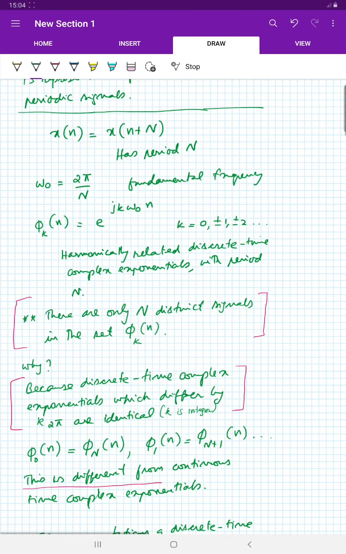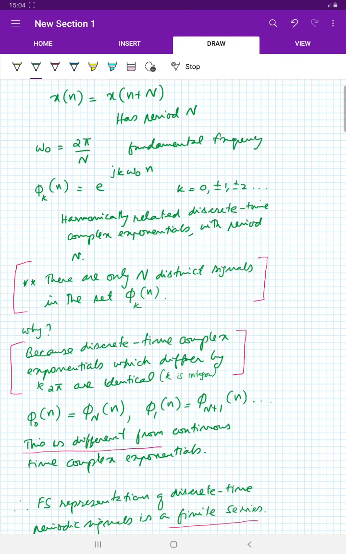The important difference is that in the continuous time case, there were an infinite number of harmonically related complex exponentials. For a particular value of k, you get e raised to j k omega naught n. k can be 10, 20, 30, 50, 1 million, whatever.